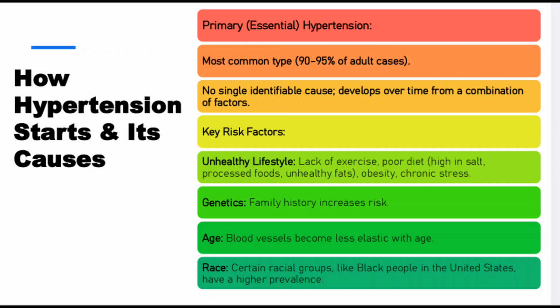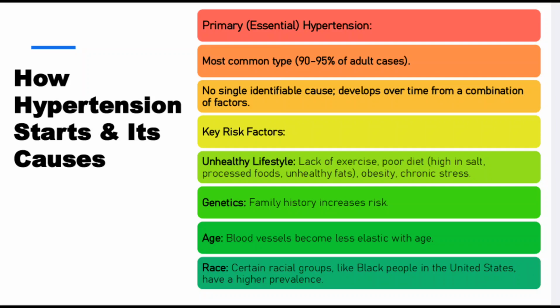Then genetics. There is certain family history that can increase hypertension. Family history significantly influences the likelihood of developing hypertension, suggesting a hereditary component. Then age. Blood vessels become less elastic with age. The risk of hypertension increases with age, which is attributed to physiological changes in the vascular system.